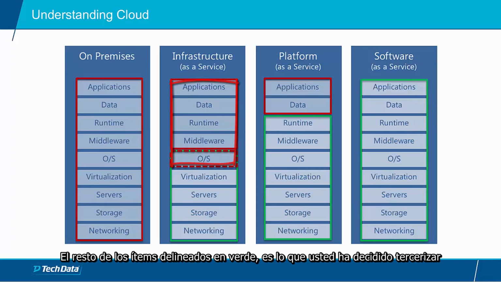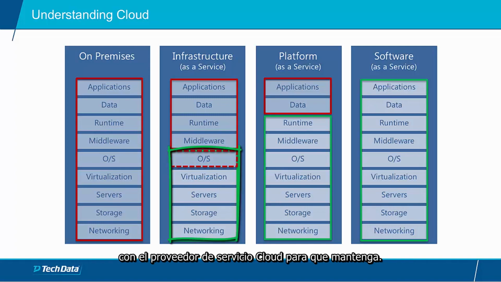The rest of the items outlined in green is what you have decided to outsource to the cloud service provider to maintain. So in other words, the cloud provider would not only own the equipment, which is providing the infrastructure resources, but they also are responsible for the management, the operations, and maintenance of these resources.